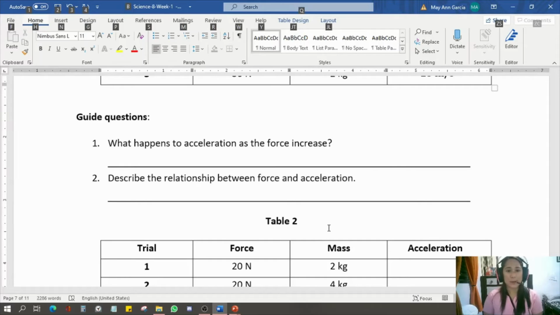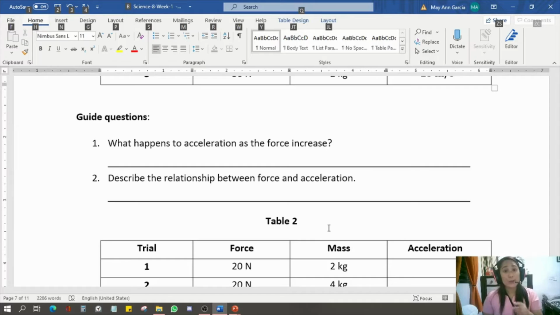What happens to acceleration? If the force is increasing, okay, the acceleration will also increase. One check for that. What about in number 2? Describe the relationship between force and acceleration. The greater the force, the greater the acceleration. The lesser the force, the lesser the acceleration.